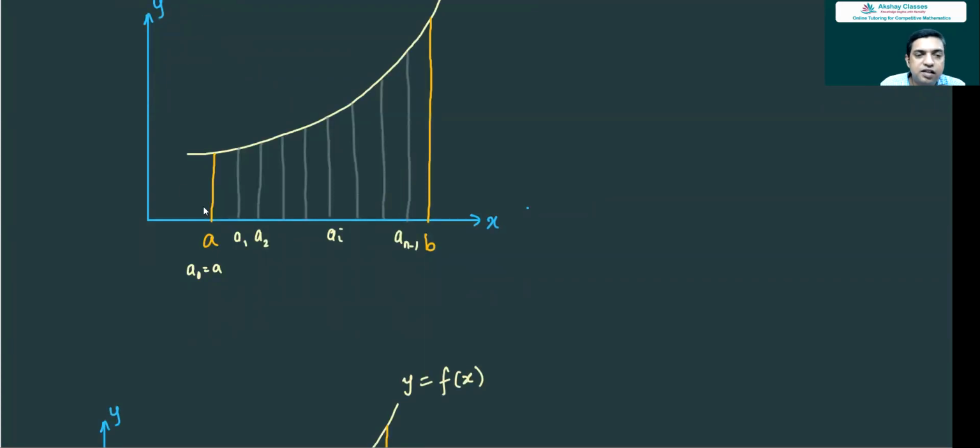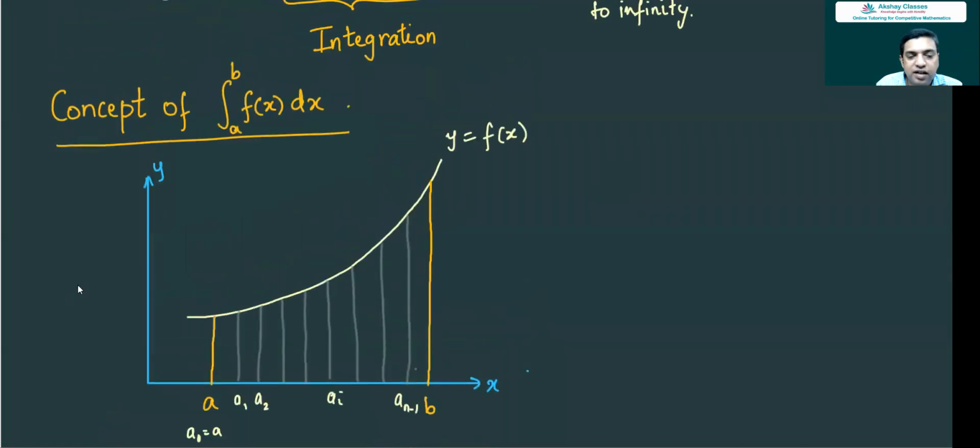But for the first one, just look at it. I've divided this interval a b into n subintervals. Within each subinterval, I will take the lower value, whichever is the least value of the function, not the highest value. The lowest function value, I am taking that. And now I calculate this area.